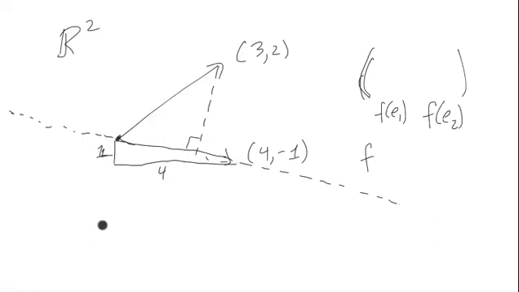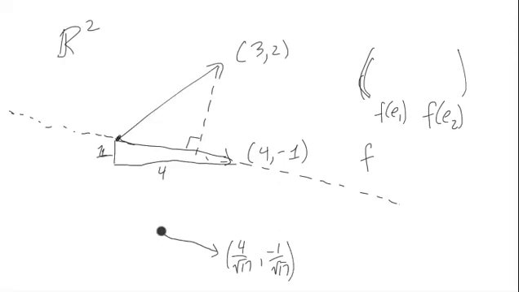So we get a unit vector in that direction: 4 over square root of 17, -1 over square root of 17. We just take this vector divided by its length. It's now a unit vector.